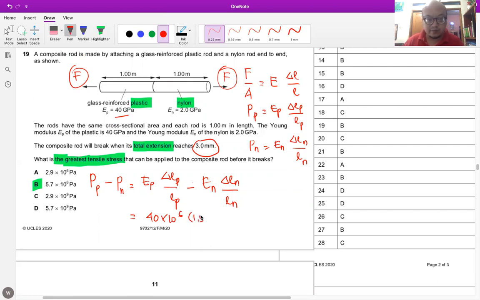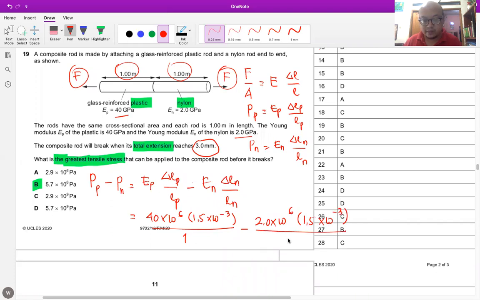This is 1.5 times 10 to the power minus 3, because it is in millimeter divided by 1 meter, minus this 2.0 times 10 to the power 6 and also times 1.5 minus 3 divided by 1 also.